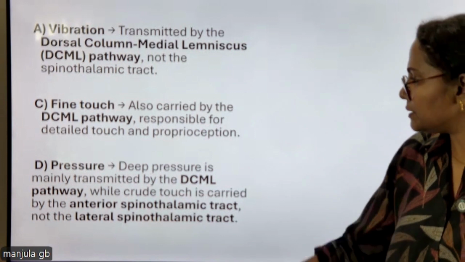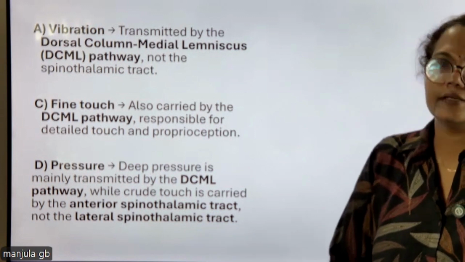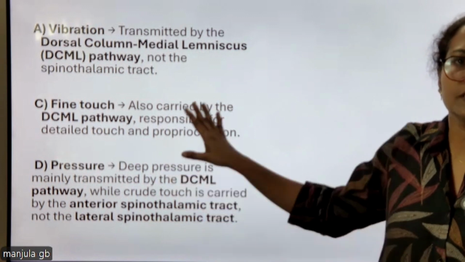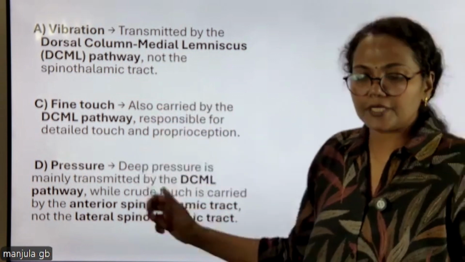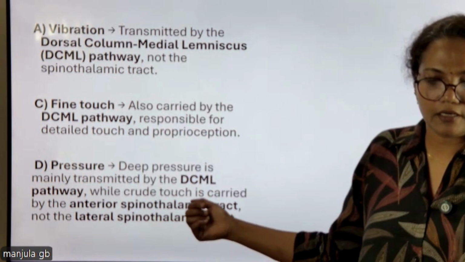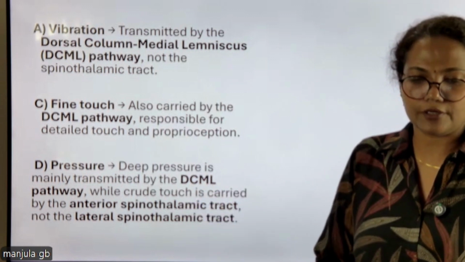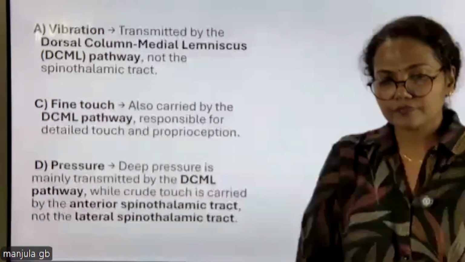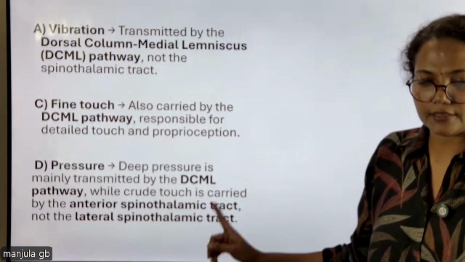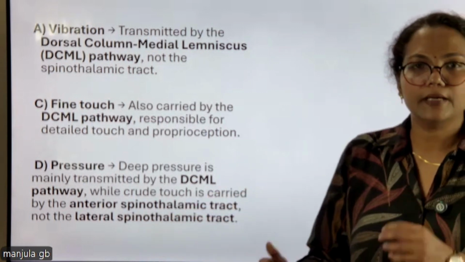And crude touch is carried by the anterior spinothalamic tract. So please remember these things: vibration, fine touch, pressure, and deep pressure go through the DCML pathway, and crude touch goes through the anterior spinothalamic pathway.